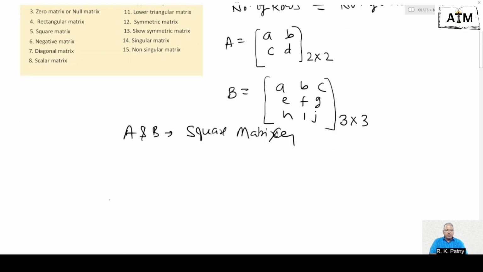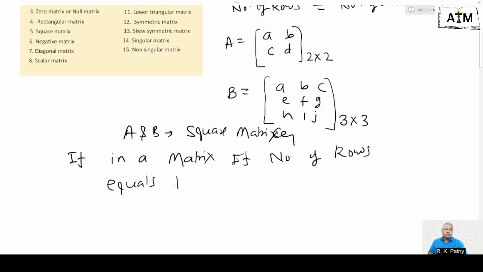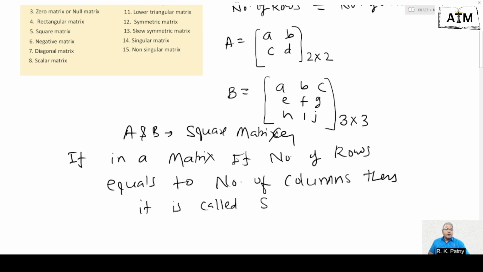If in a matrix the number of rows equals the number of columns, then it is called a square matrix.